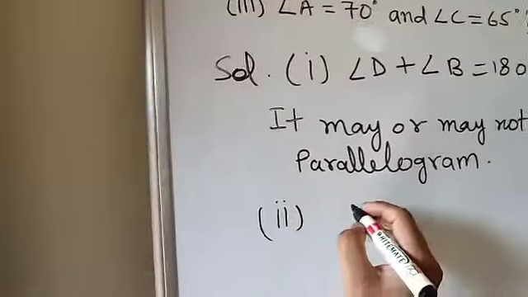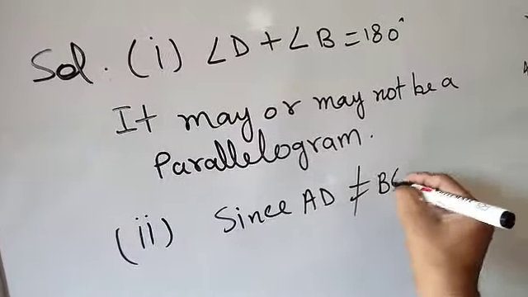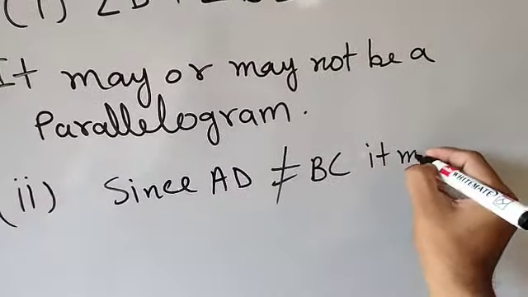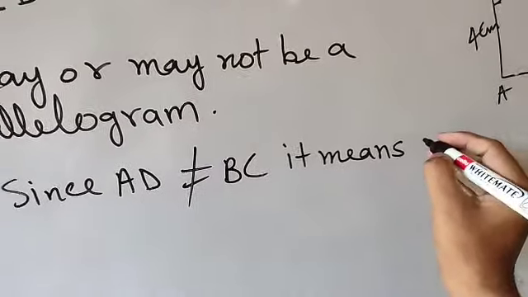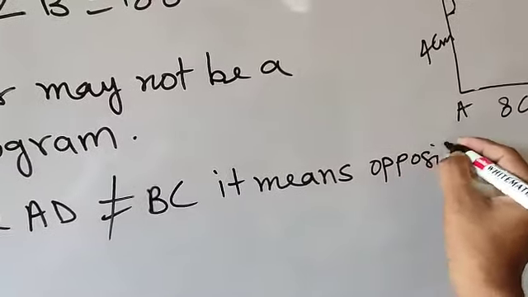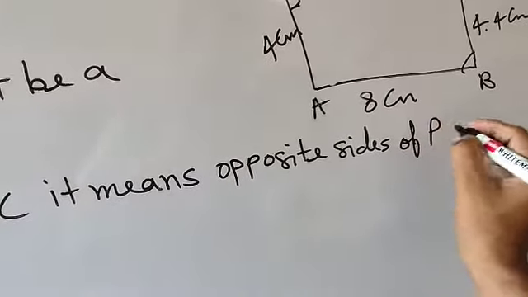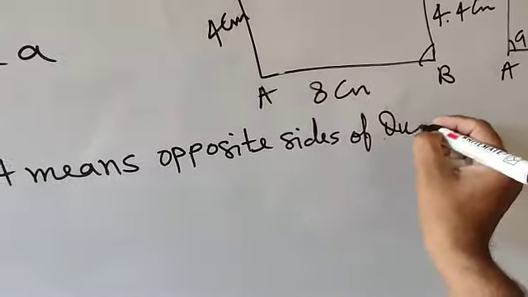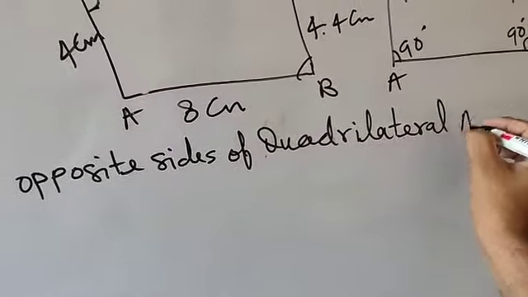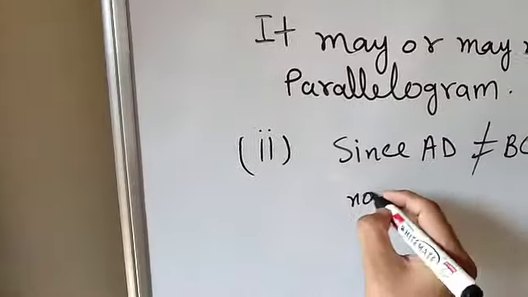So here you can write, since AD is not equal to BC, it means opposite sides of quadrilateral ABCD are not equal.